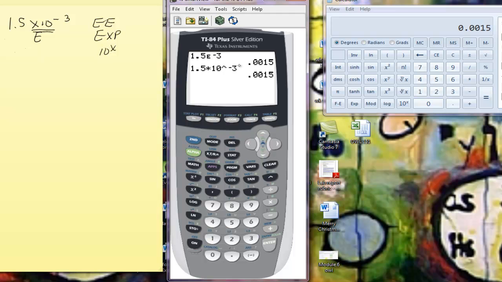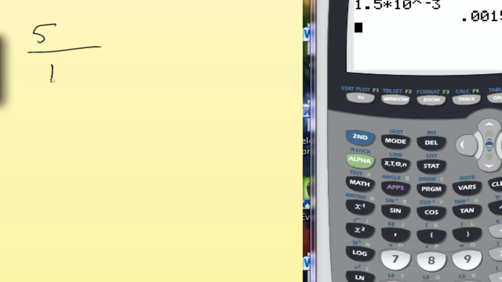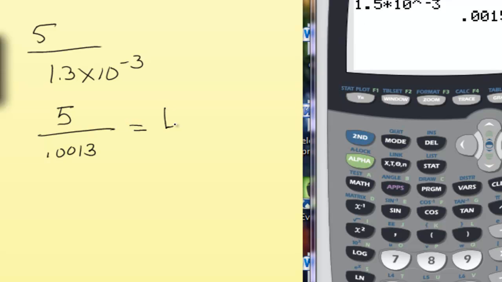And I'm going to do a calculation correctly. I'm going to take 5 and divide it by 1.3 times 10 to the negative third. So I'm actually taking 5 and dividing it by 0.0013, and I would expect to get a relatively large number.